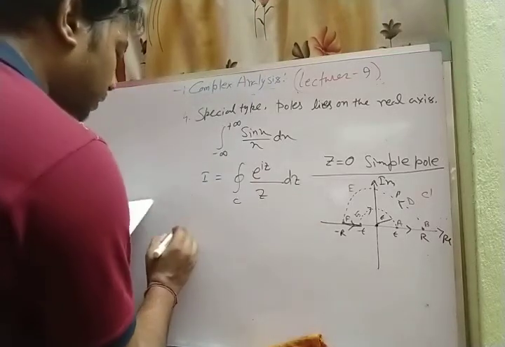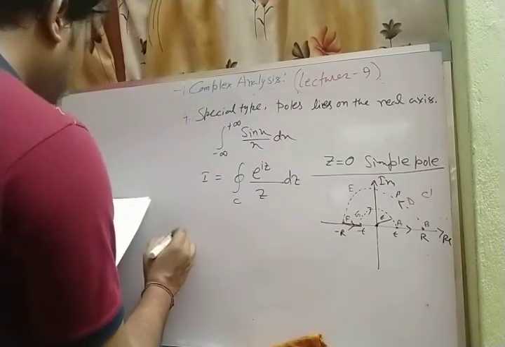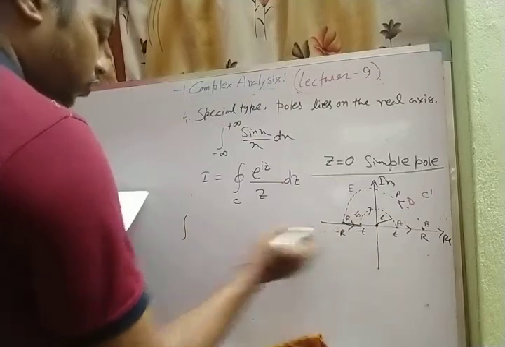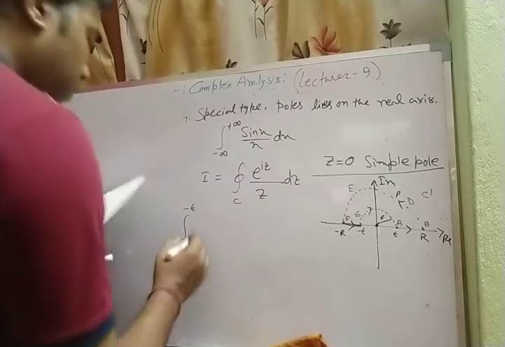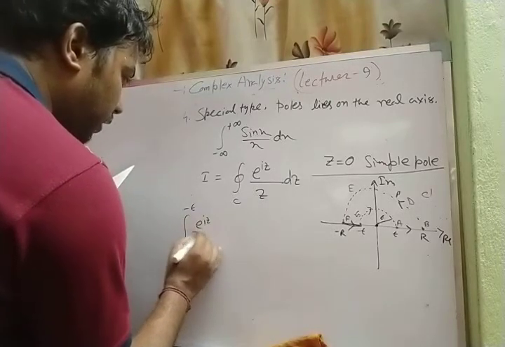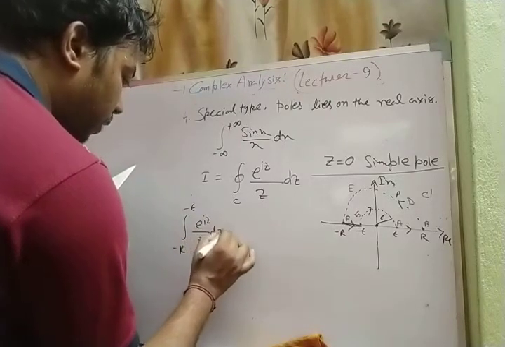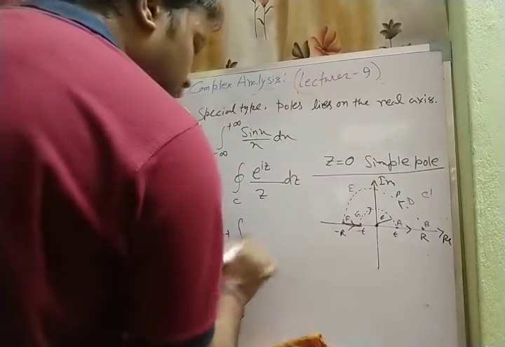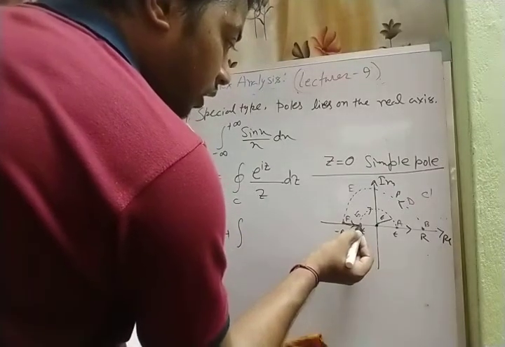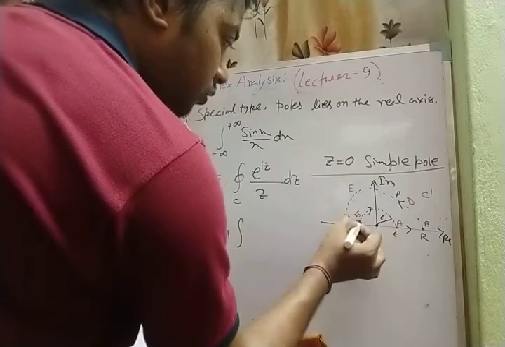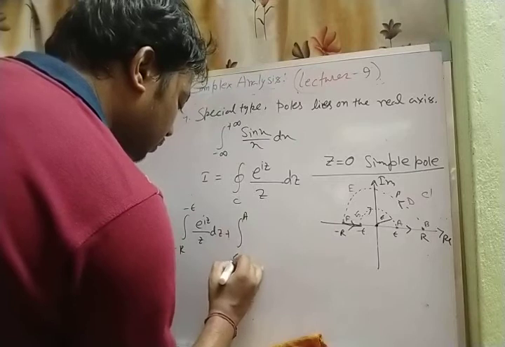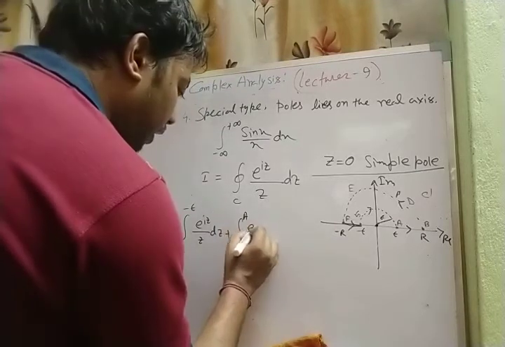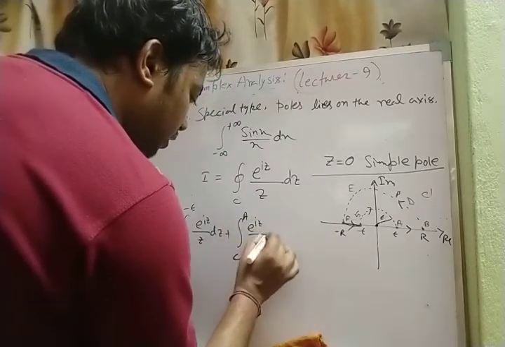So in this case, this can be written as the integral from minus r to minus epsilon of e to the power iz by z dz, plus the integration over g. Here the point is g and here the point is a. So g to a, e to the power iz by z dz.